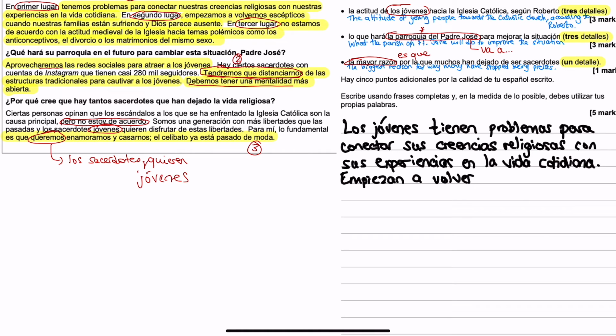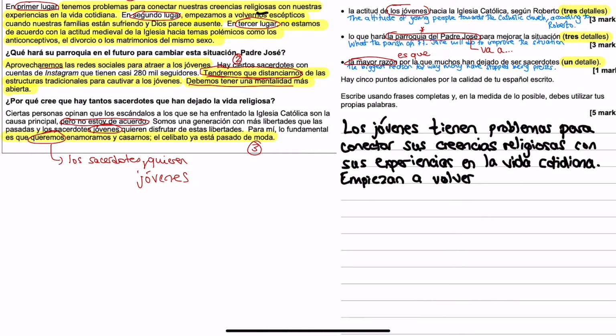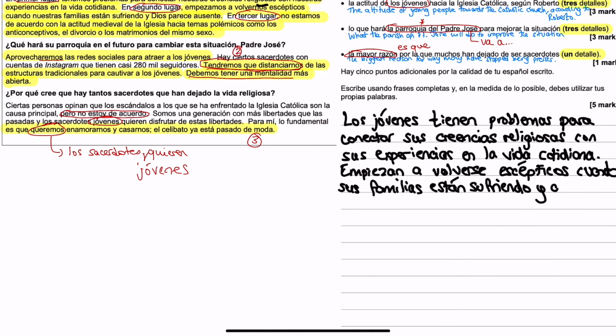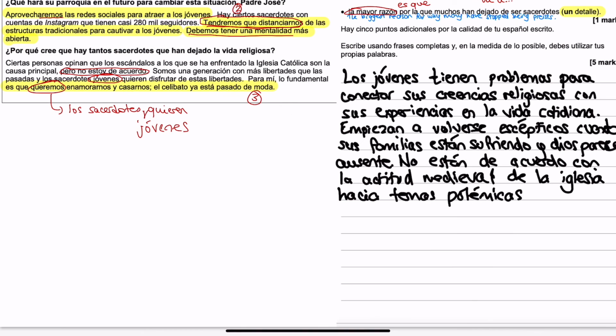I'm changing it to "they are starting", so "empiezan a volvernos". What lots of people will do is, with this reflexive verb, forget to change that "nos" to correspond with the third person. So not "empezamos a volvernos", but "empiezan a volverse". So I'm happy with that first point now.